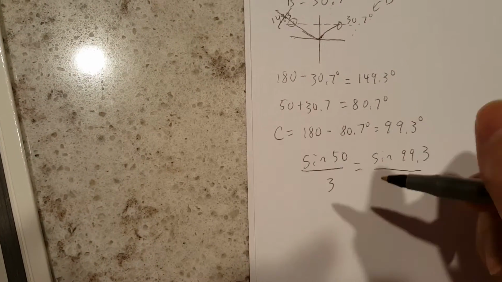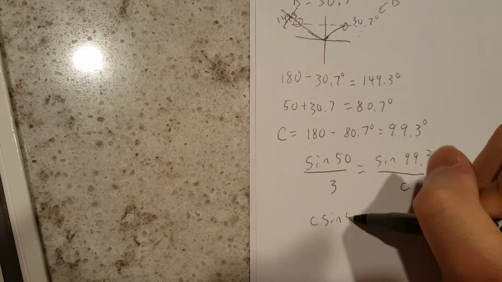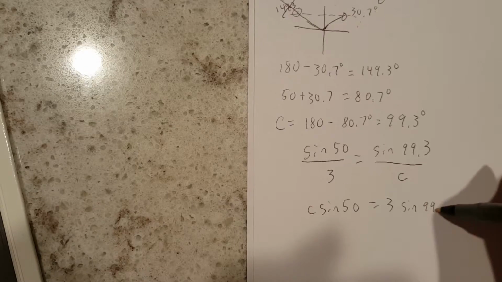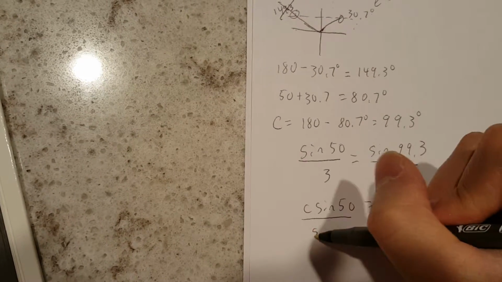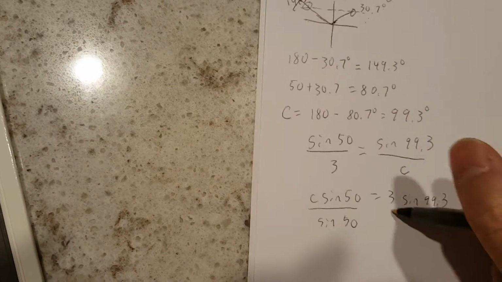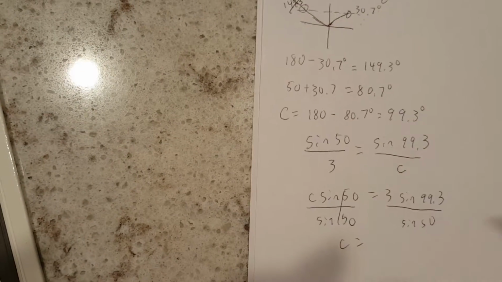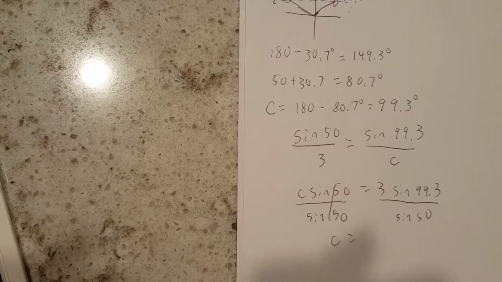Then I can cross multiply, and so c sine 50 is equal to 3 sine 99.3. Divide both sides by sine 50, and that will give you letter c.